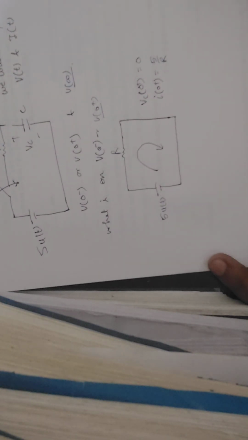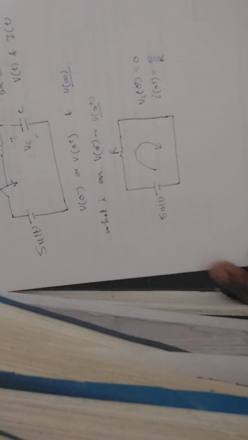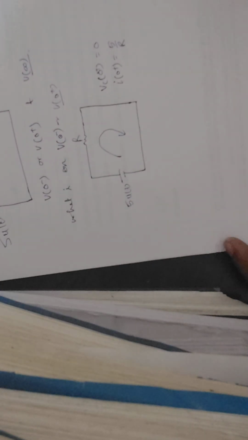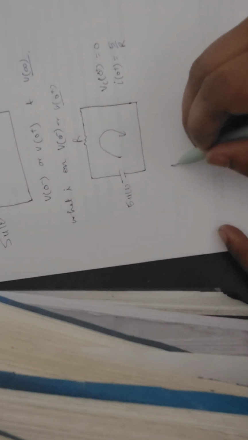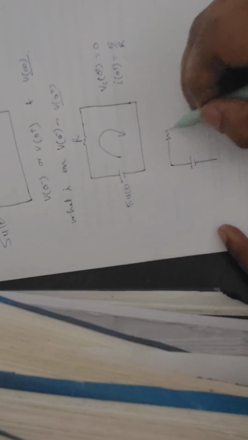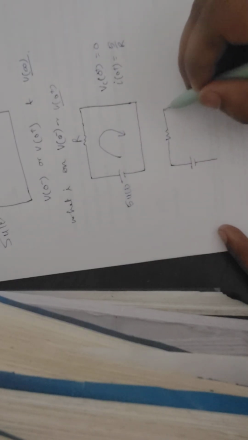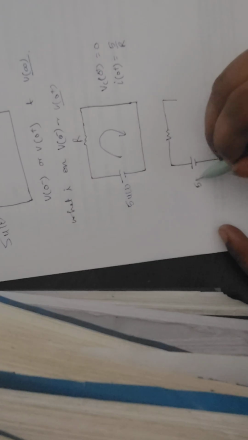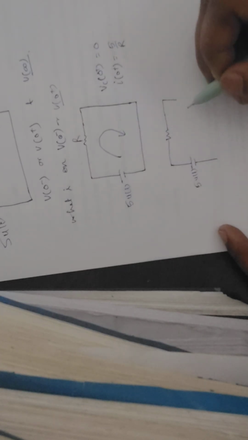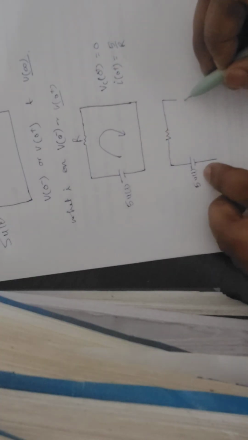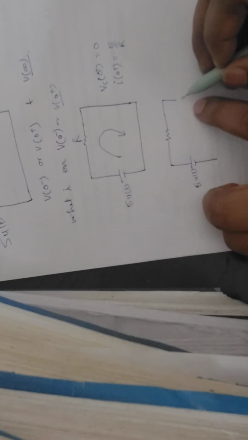Then after that, we will find the voltage at infinity. So we will see like this, that is the source and that is the resistance. And at infinity, all the voltage is going from the source side to the load side, like the capacitor side.